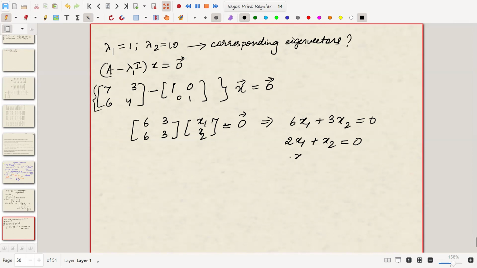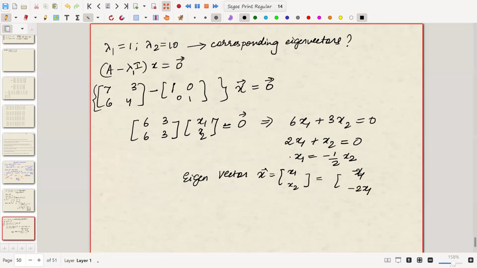You get x1 equals minus half x2. So how does your eigenvector look? Your eigenvector x bar equals x1, x2, and x2 equals minus 2x1.